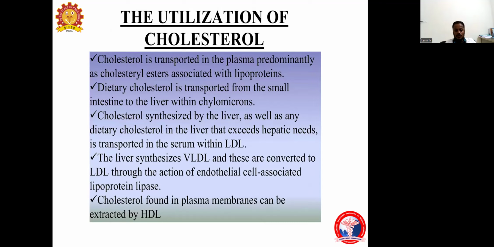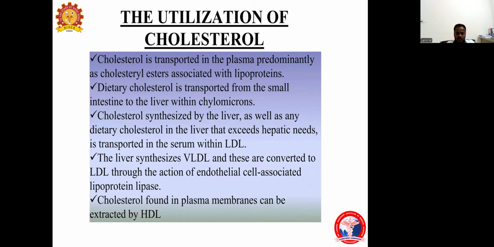So what are the uses of cholesterol? One, cholesterol is transported in the plasma predominantly as cholesterol ester, associated with lipoproteins. Second, dietary cholesterol is transported from the small intestine to the liver within chylomicrons. Third, cholesterol synthesized by the liver, as well as any dietary cholesterol in the liver that exceeds hepatic needs, is transported with the help of LDL.